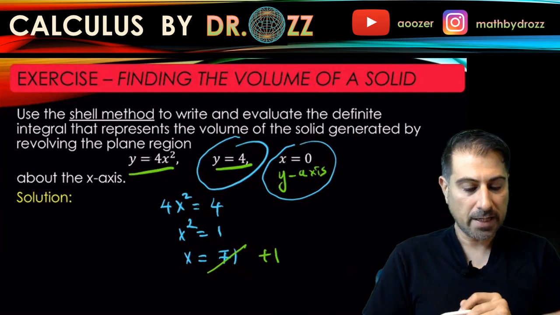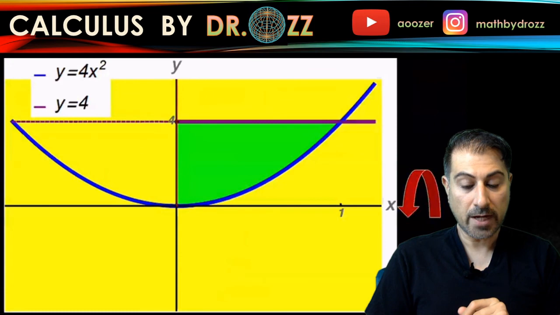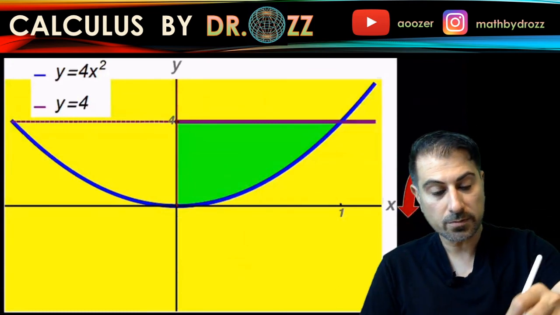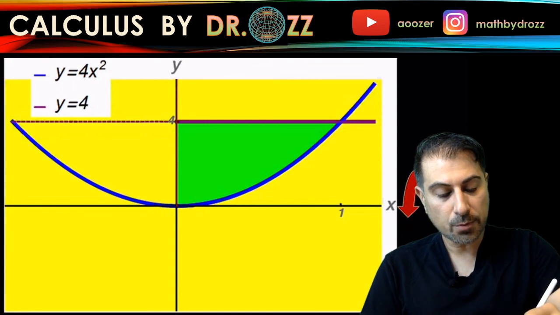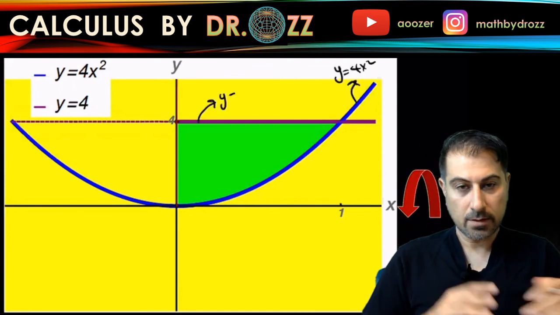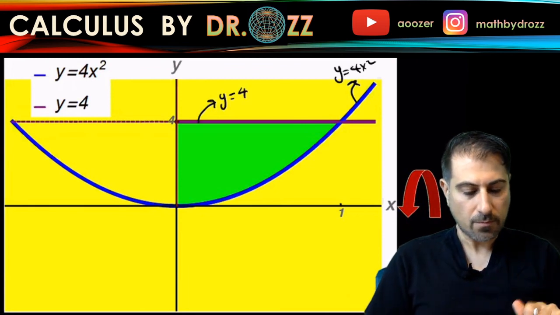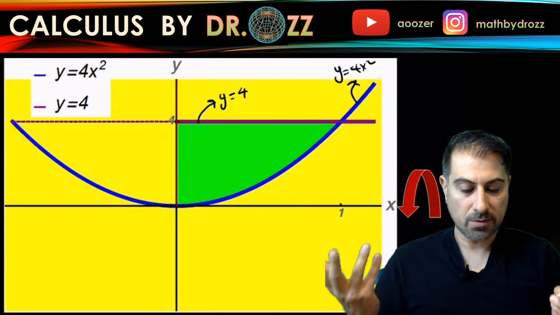Here is what my plot looks like. The blue curve is y equals 4x squared, and the purple one is the horizontal line y equals 4. I got a wider view of that because we need to see what the region looks like.